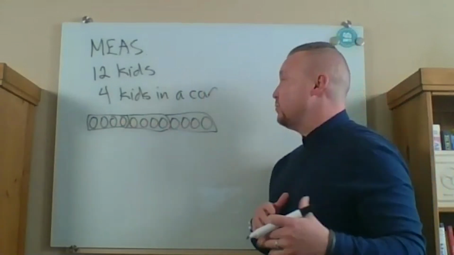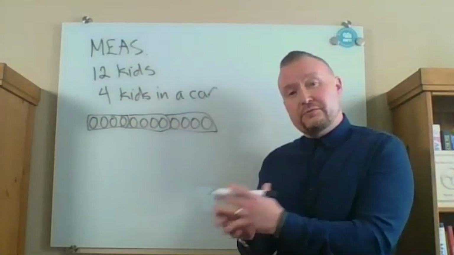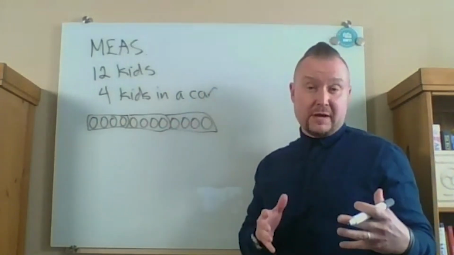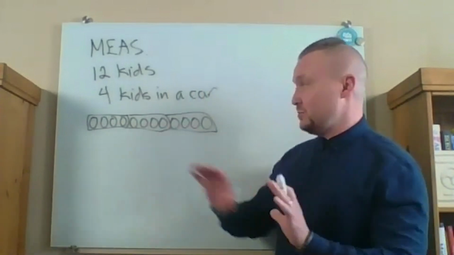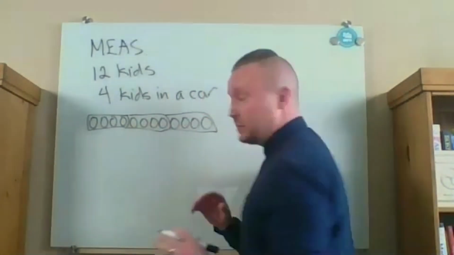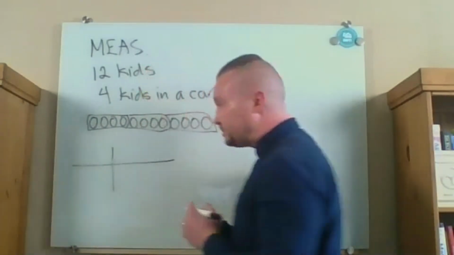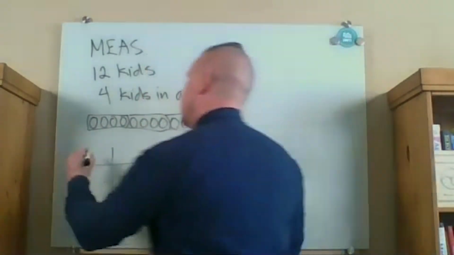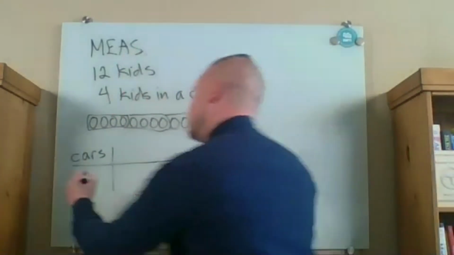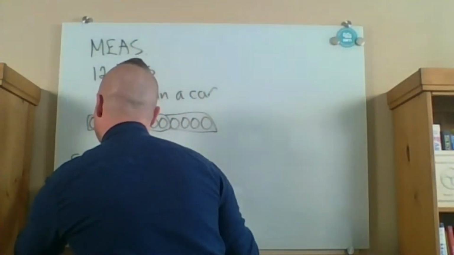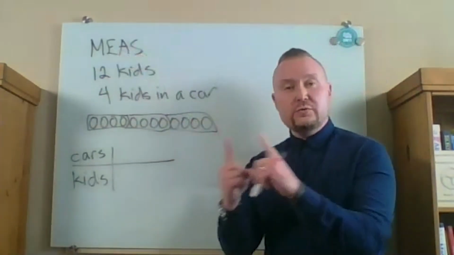Now, in 3rd grade, one of the most powerful tools for learning to divide is the ratio table, and we have another video on some different models and methods for division that explore this in a lot more depth. So for this one, I'm just going to do a quick example here because it's going to help understand the other type of division. So in the table, I'm going to say the top part is the number of cars, and then the bottom is the number of kids. Now in the story, because it's measurement division, we're given a known measure.